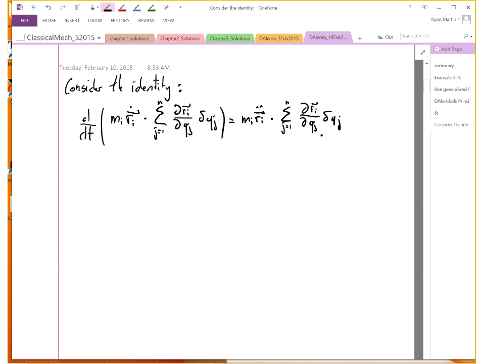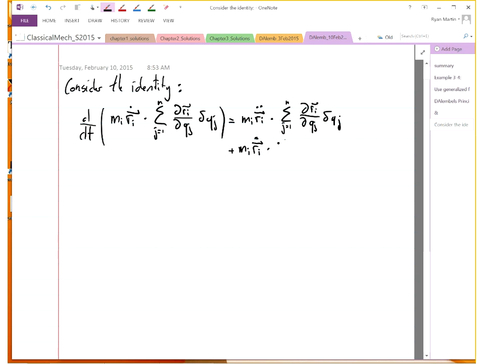And then the second term, so that's plus m_i r_i vector dot unchanged, and now I take the d/dt on the inside.